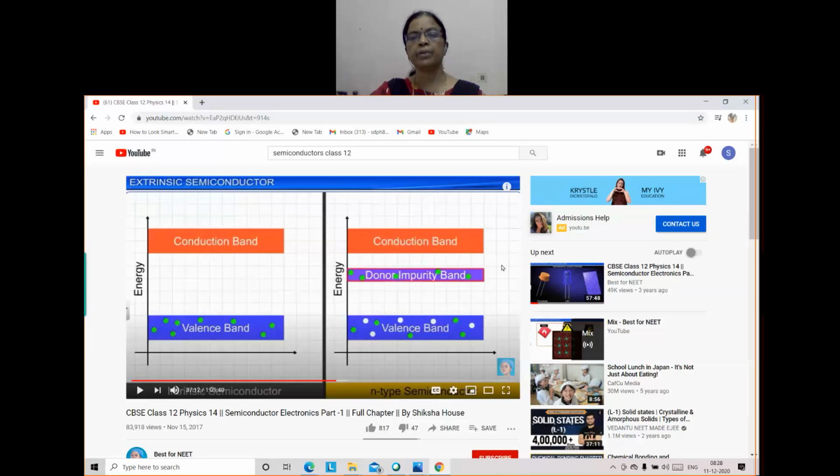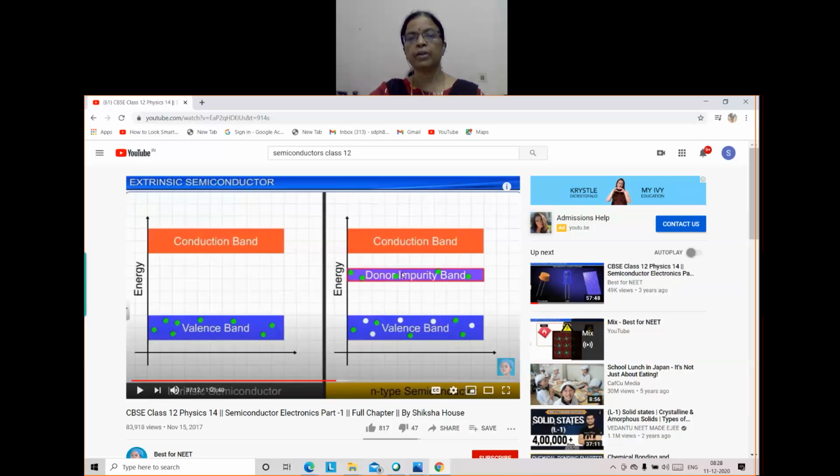But now, as all the extra electrons donated by the phosphorus form a new energy level or a new energy band, in that band all these extra electrons come and arrange. All the electrons we can see in the donor energy level. These are all energy levels, because depending on the energy, the electrons will occupy their places.